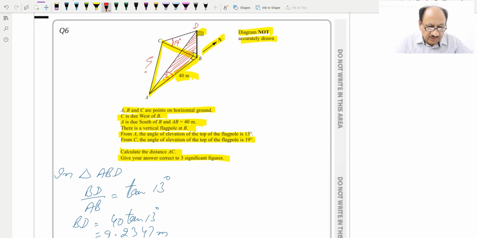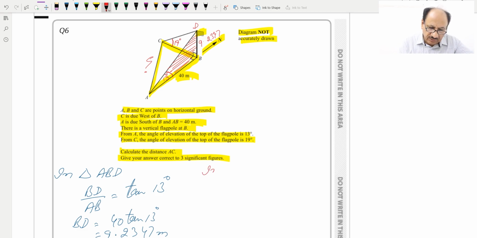Then next we can check. Now we have this one, 9.2347, so now we can find basically CB or BC.